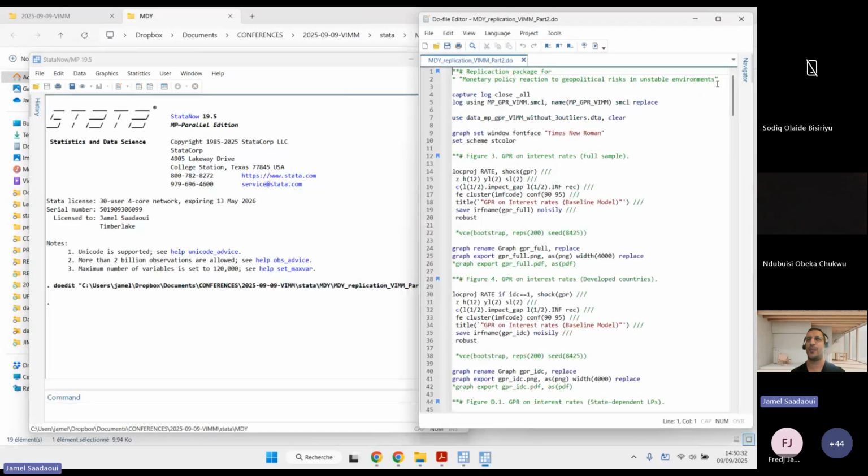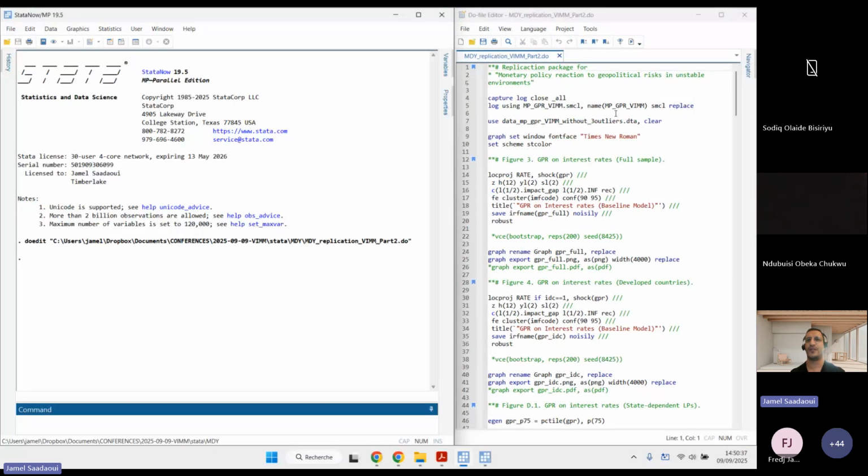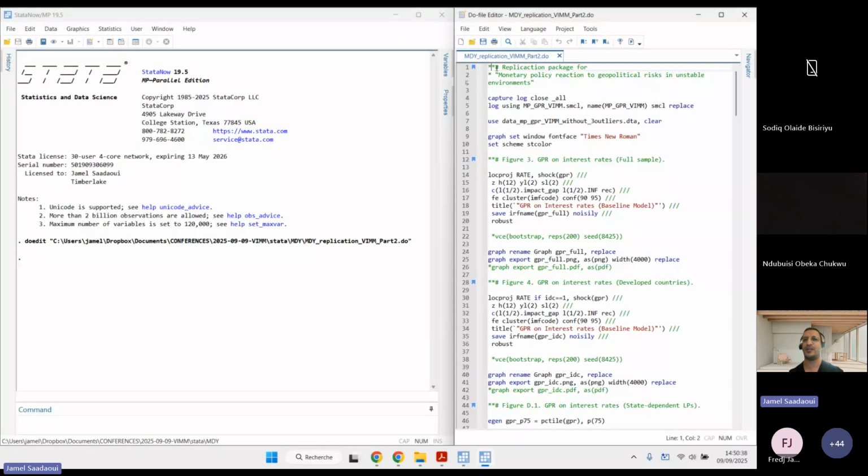First, as before, panel local projection, but we see the reaction of the short-term interest rate to geopolitical risk shocks. I can put the stats up. I choose the font Times New Roman, and I choose another scheme to correspond to the journal, to replicate what we have in the journal.